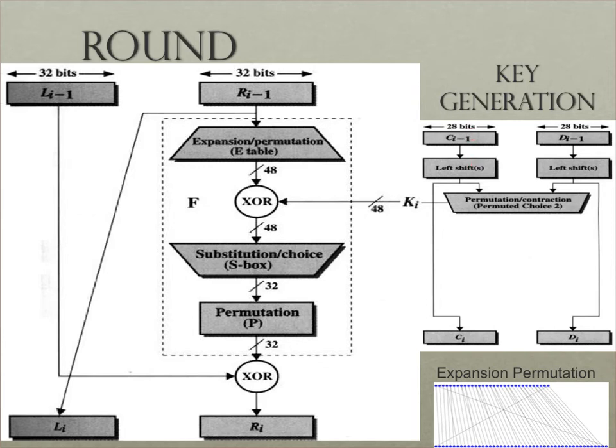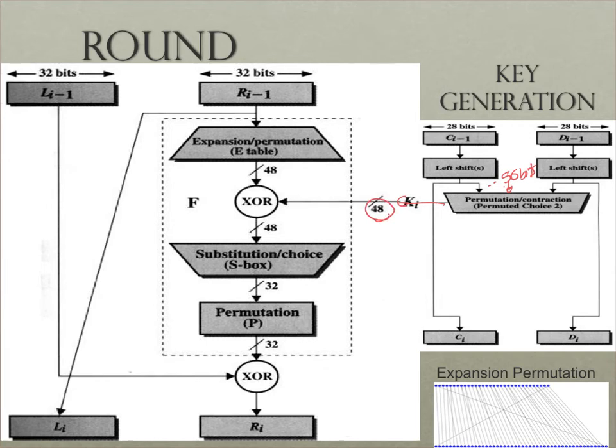Then we do the circular shifts on 28 bits and 28 bits separately. These circular shifts will be an input to permutation choice 2, which again does some contraction. The input to that block is 56 bits, and the output here is 48 bits only.